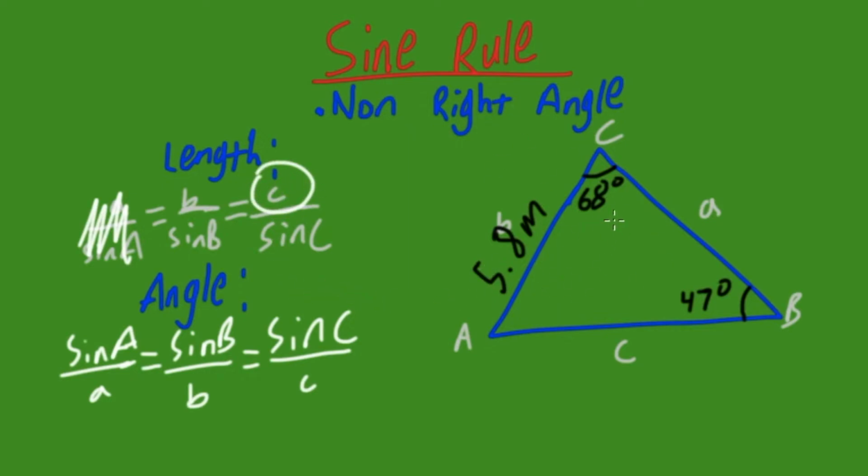So we can now sub these values into this equation and rearrange to find little c, which will give us this side length.